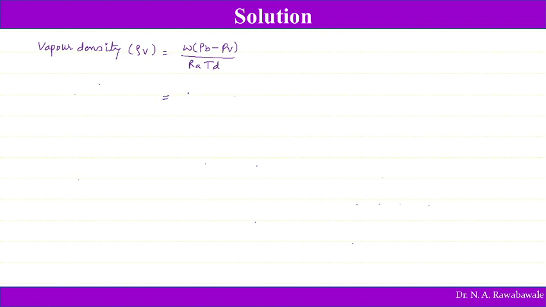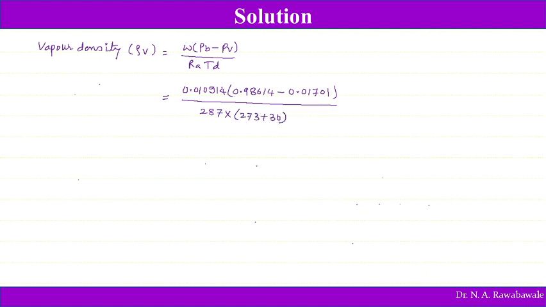The omega value is known, that is 0.010914, into the PB value, 0.98614, minus the PV value, 0.01701, whole divided by the R value, that is 287 joules per kg Kelvin, into TD. The dry bulb temperature is 30 degrees Celsius, 273 plus 30.